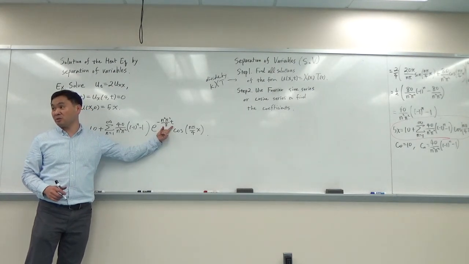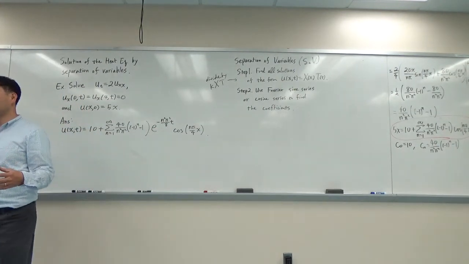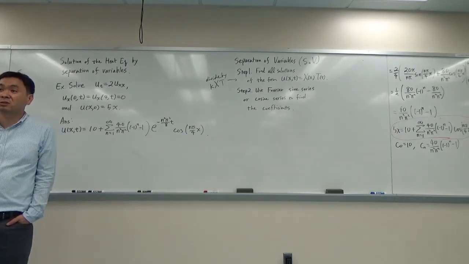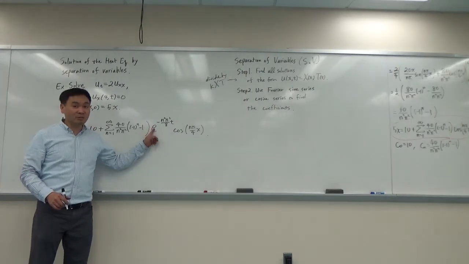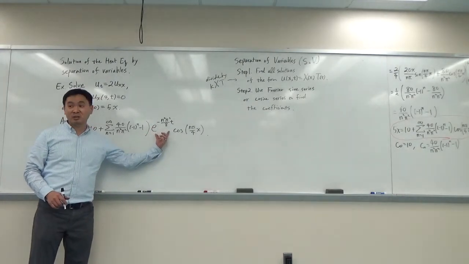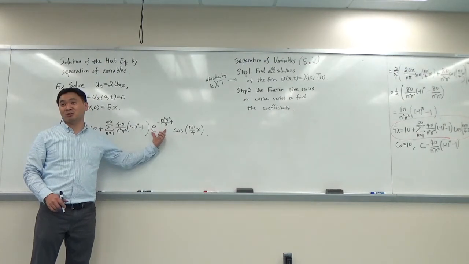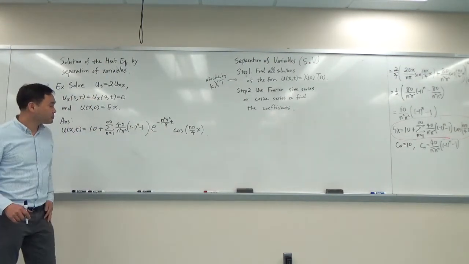For big t, so what does it do? What is e to the negative infinity? 0, right? And in fact, because it's exponential, it rapidly decays to 0. Okay? It decays to 0 very rapidly.